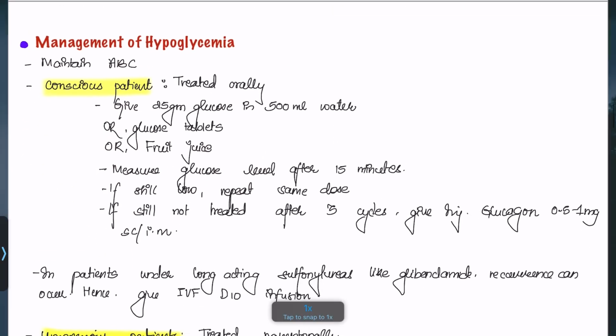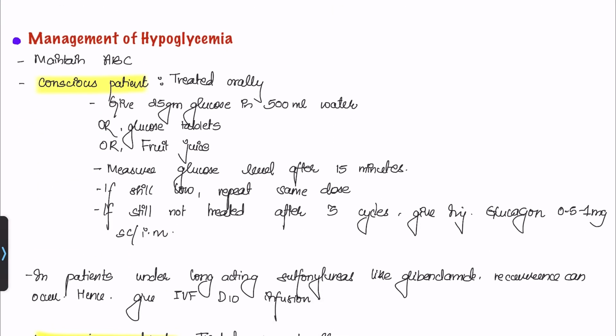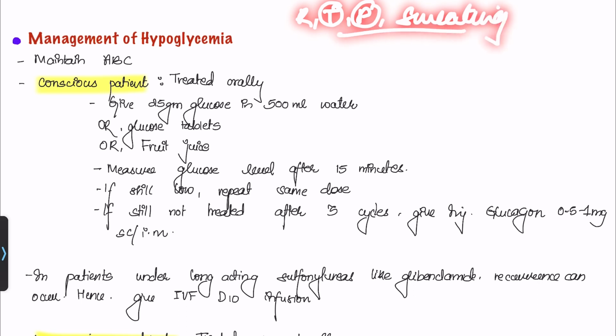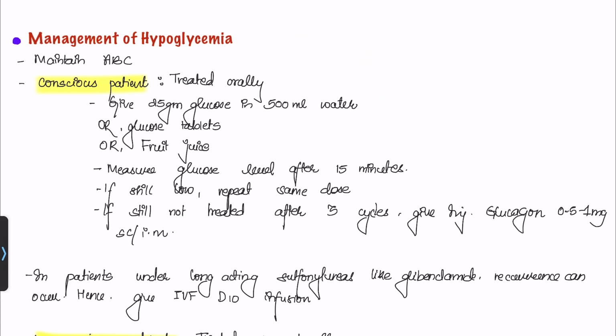Talking about the management of hypoglycemia, whenever a person is unconscious or showing symptoms like restlessness, tremors, palpitation, sweating, we should measure the random blood glucose level to confirm whether the patient has hypoglycemia or not.